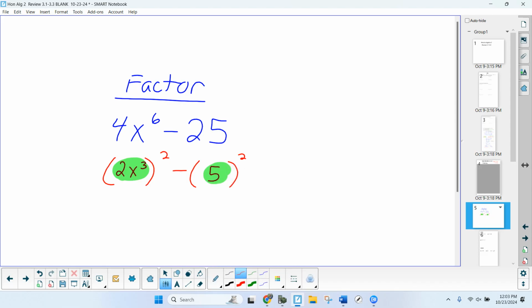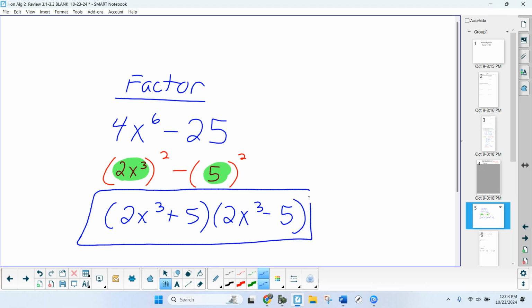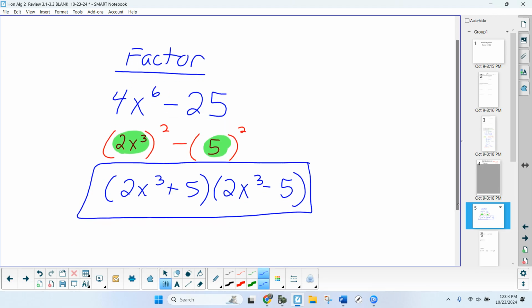So what would my answer be? Many of you will just come down to 2x cubed plus 5 and 2x cubed minus 5, and you're done. Now, it just said factor, not solve. If it says solve, then you have to take each factor and set them equal to 0 and tell me what x is. So be very careful.